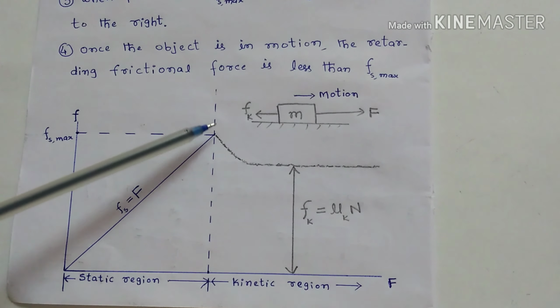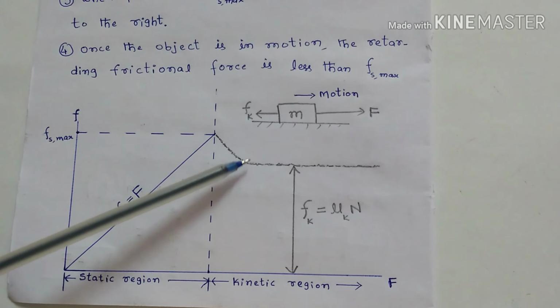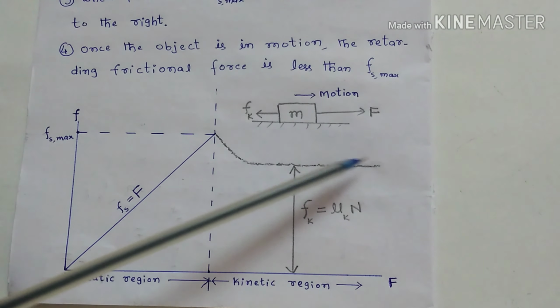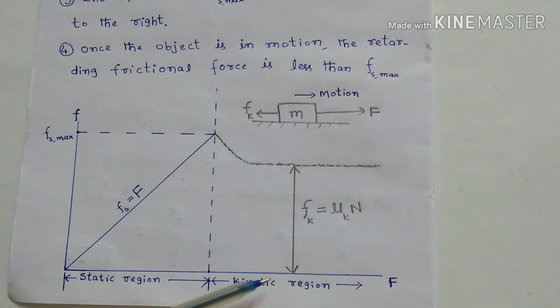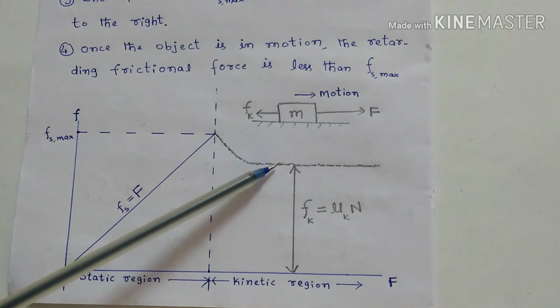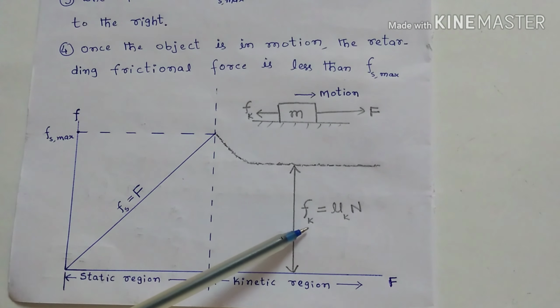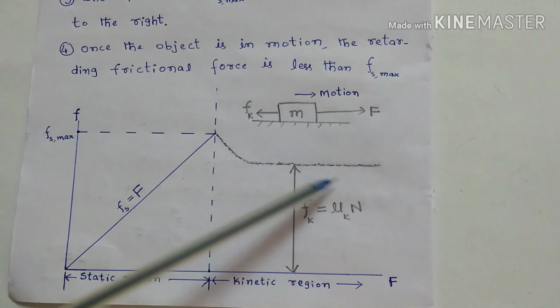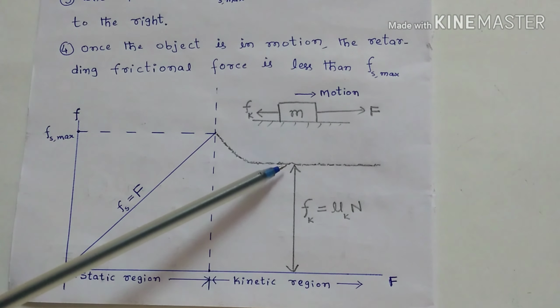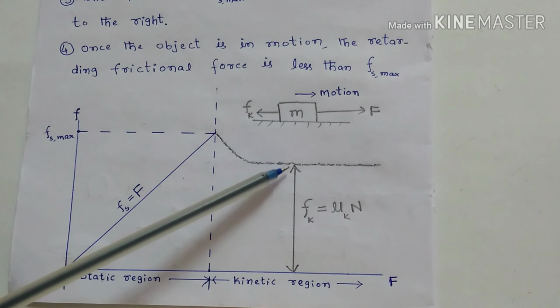After some significant decrease, the force of kinetic friction will maintain. From here onwards, the object is moving. The force of kinetic friction is this: Fk equals mu k into N. This I will discuss later. This is the force of kinetic friction, and this value is less than the maximum force of static friction.